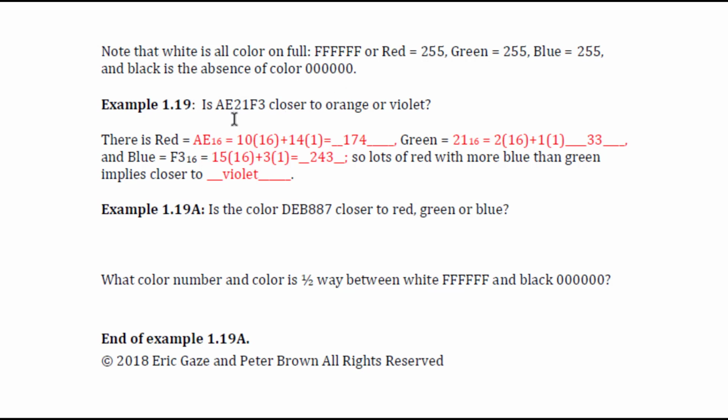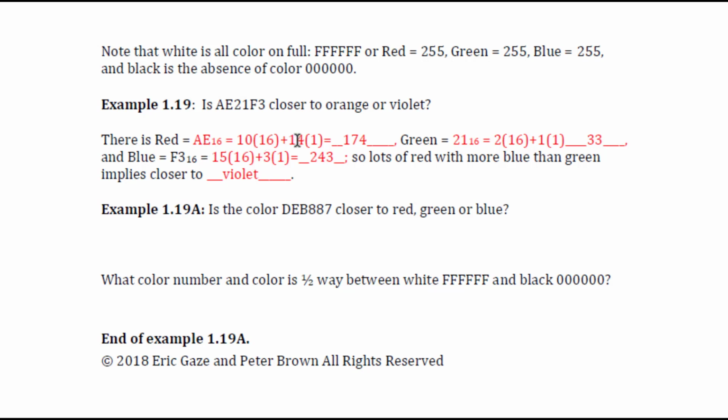So is this color number closer to orange or violet? Well, you have to translate this into each color. AE represents red, 21 represents green, and F3 represents blue. The red, which is AE, would be 10 sixteens, and E is 14.